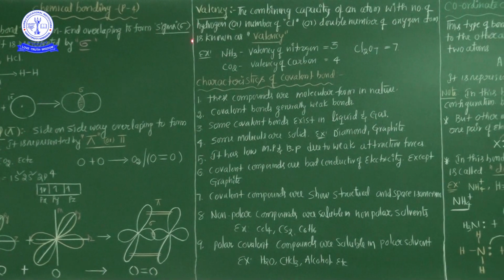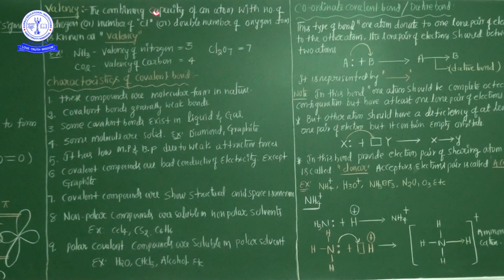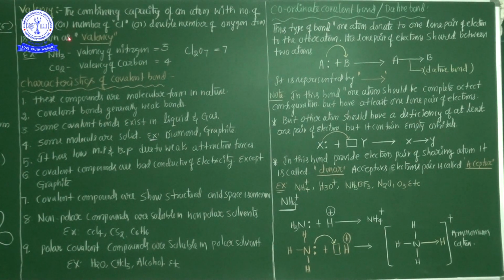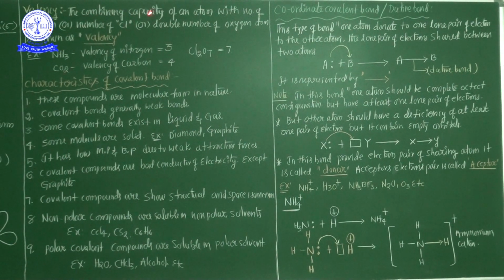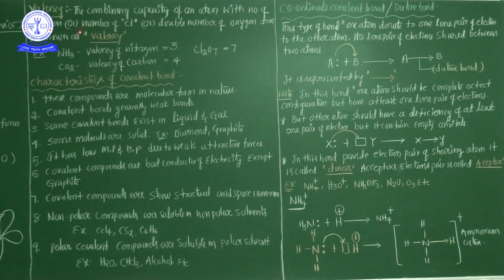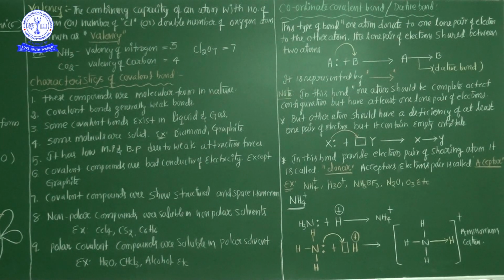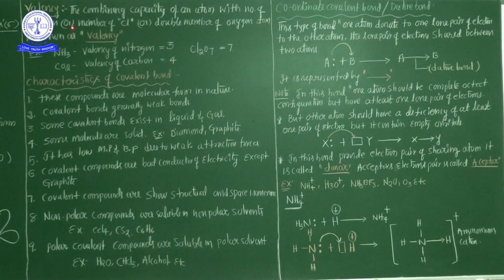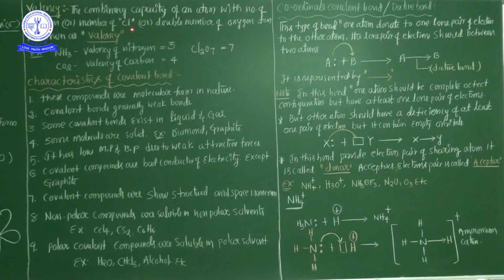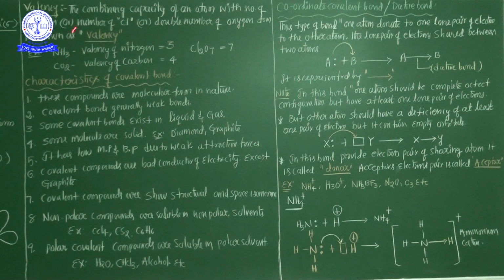Valency is an important word. This word frequently comes up in chemistry. What is valency? The combining capacity of an atom. Listen carefully. The combining capacity of an atom with a number of hydrogen atoms, or a number of chlorine atoms, or double the number of oxygen atoms is known as the valency.